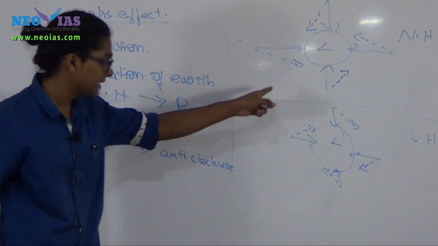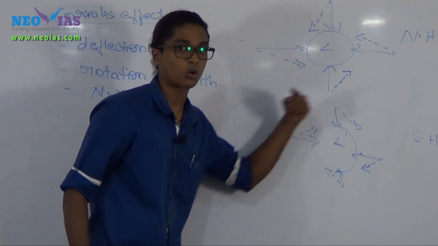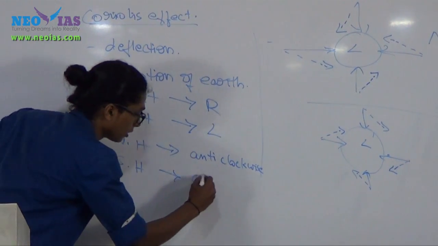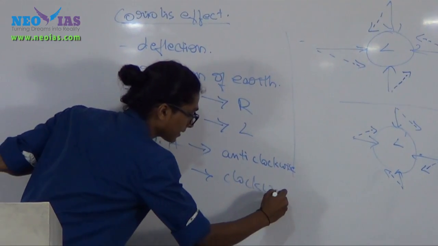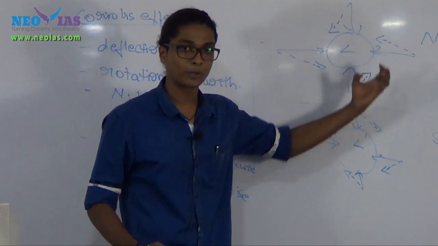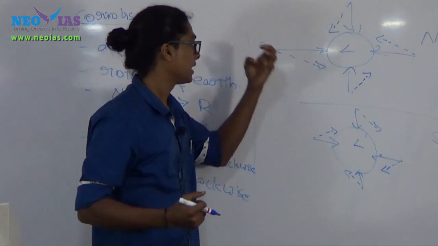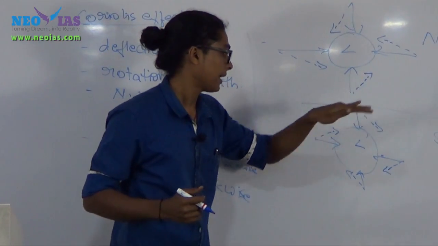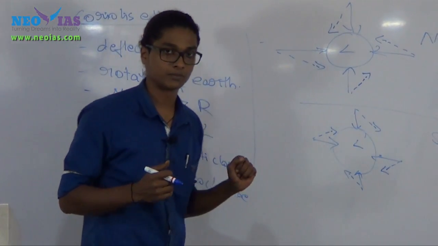Now, if we see this rotation, it is actually clockwise. So we can say that for cyclonic circulations, meaning the center is having a low pressure region, the rotation will be anti-clockwise in the northern hemisphere and clockwise in the southern hemisphere.